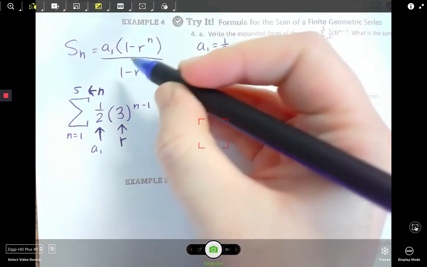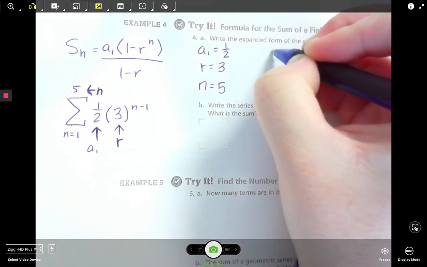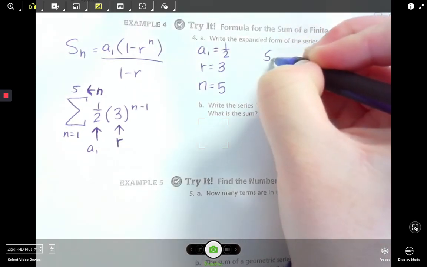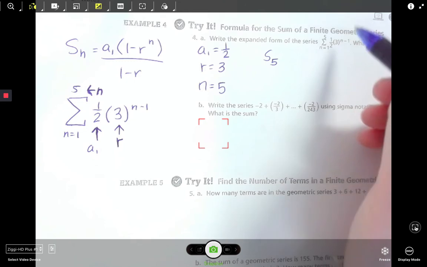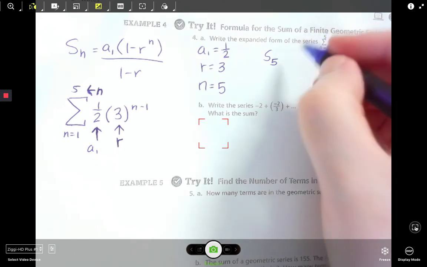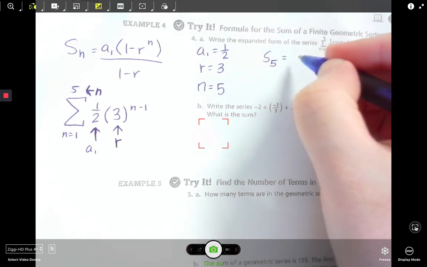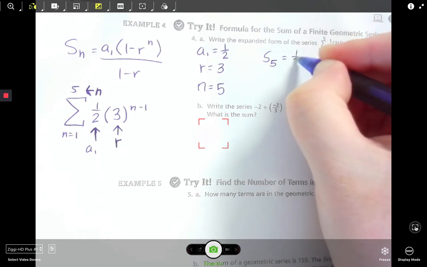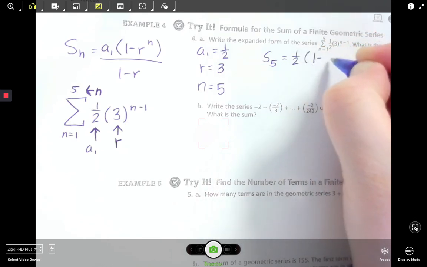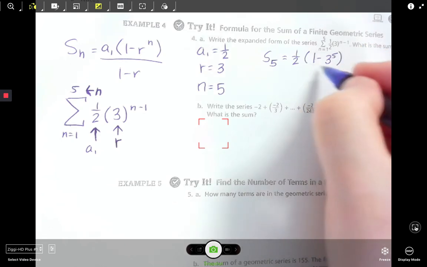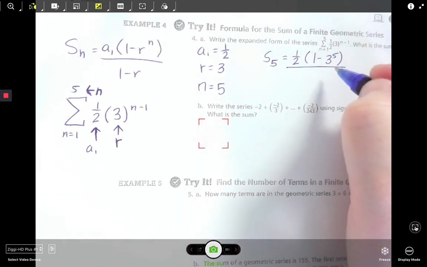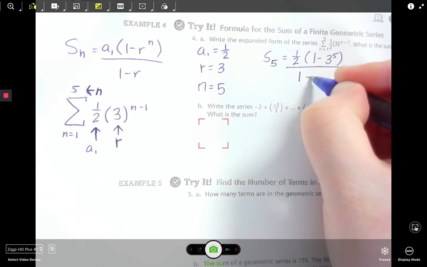And I'm just going to plug it into this formula here. So the sum of this summation of these 5 terms is going to be 1/2 times 1 minus 3 to the 5th over 1 minus 3.